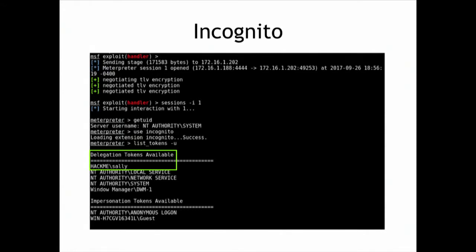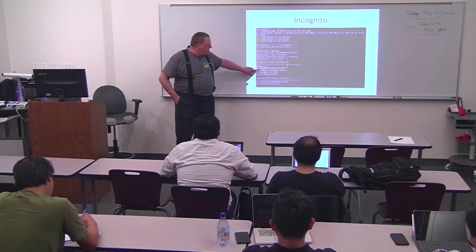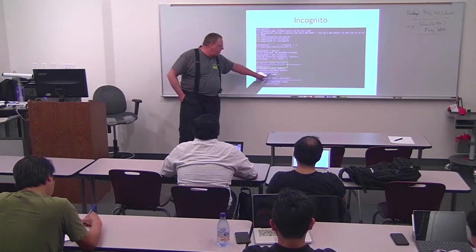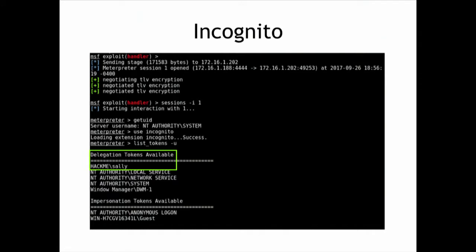So this is another bit of Windows administration that you should understand, which is what tokens are. If I look at the tokens that are available, there's one called Hack Me Sally, that's a domain token, and then there's local tokens like NT AUTHORITY\SYSTEM. That's the local system account which my Metasploit shell is running on this system account.